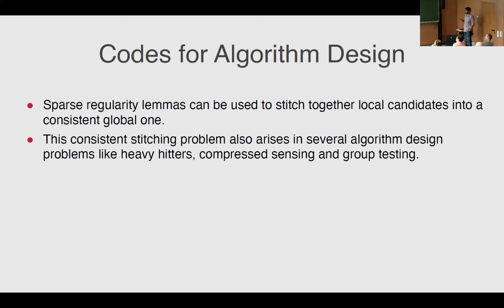Even in AEL, once we have these local lists on the left, the older choice was to use an outer list recoverable code. But what we are showing is that you don't need an outer list recoverable code. You can use a uniquely decodable code and still use more of the structure of these local lists. Can we do something similar in these applications? Do we have to rely on black box list recoverable codes?